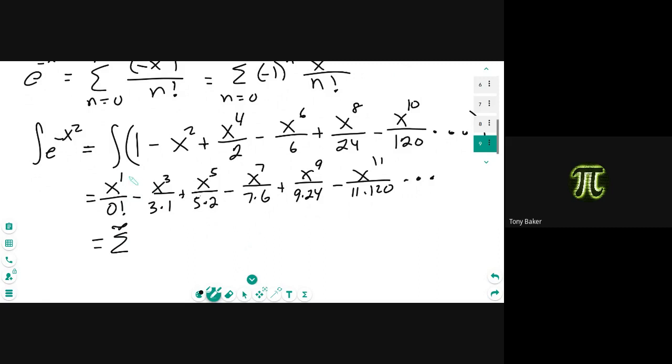So the exponents are 1, 3, 5, 7, 9, 11. Those are all odd numbers. So how am I going to get an odd number always? 2n minus 1. Yep. X to the 2n minus 1 will always give me an odd number, right?